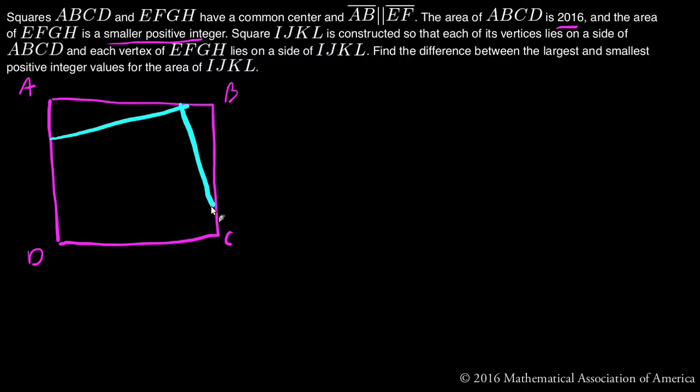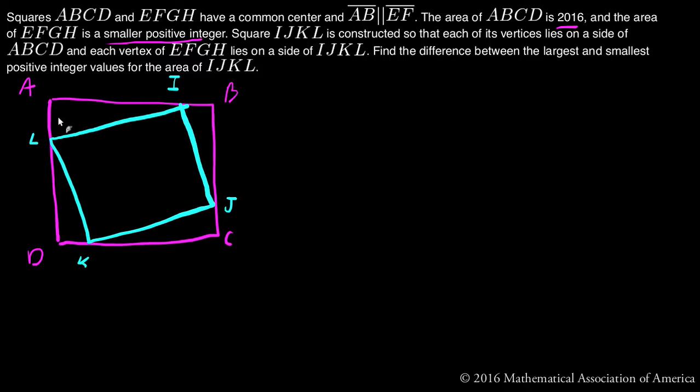where each of the vertices are on the edges of ABCD, and that is the square IJKL. They don't specify which vertex is on which side.